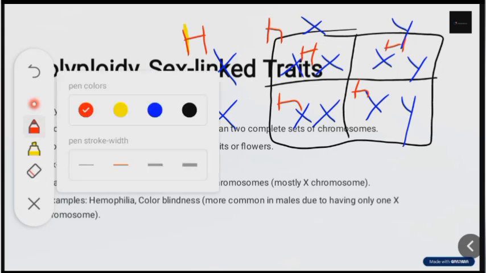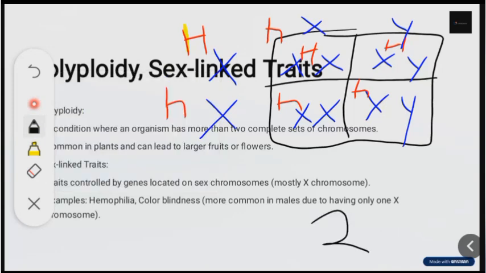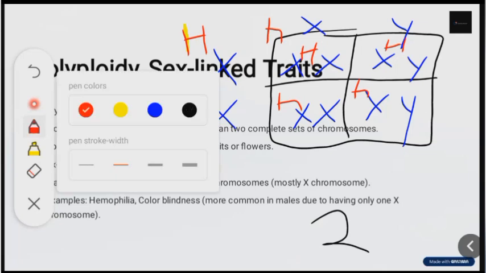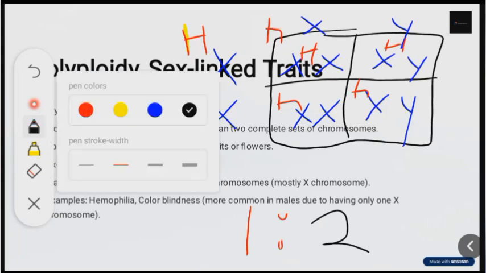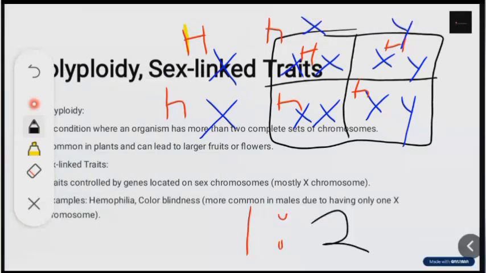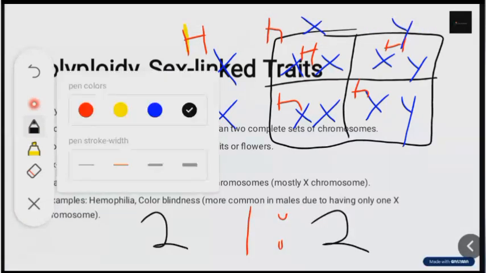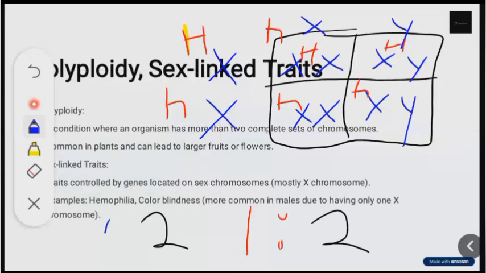Let me come again. We are looking at the boys part, at the males. So we have two males first of all. In these two males, one of them has hemophilia. The other one is normal. So chances of giving birth to a boy with hemophilia is 1:2.